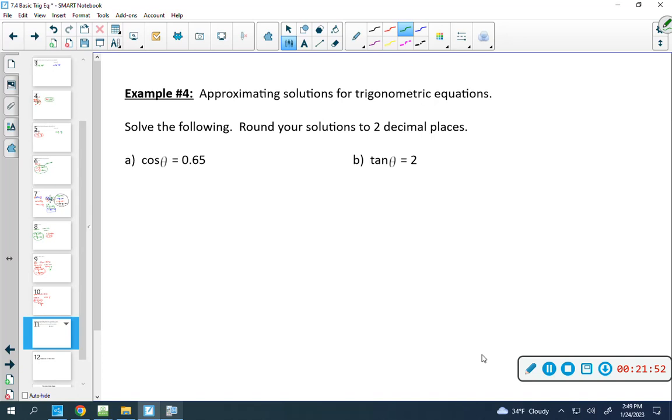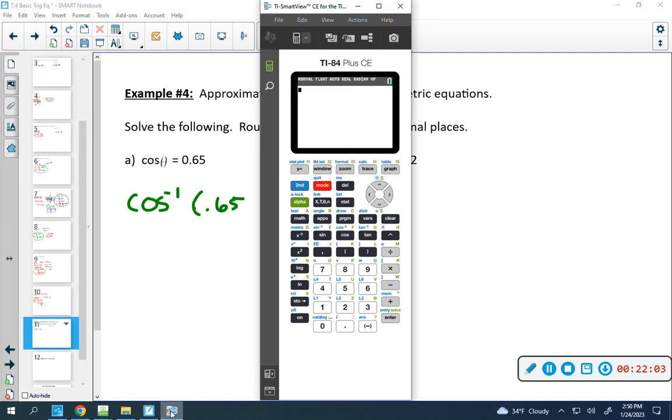You don't just hit cos, you do inverse. So hit cos inverse, second cos. It'll pull up the parenthesis. So I'm going to punch that in, second cos, 0.655. It's about 0.86 if we round to two decimal places. So our answer is 0.86 radians.